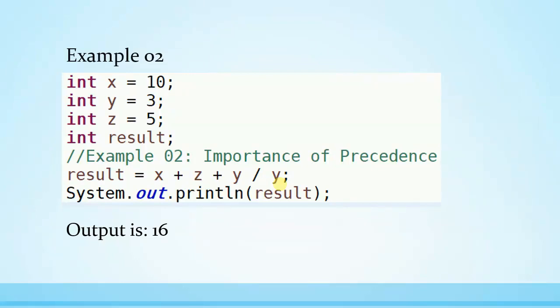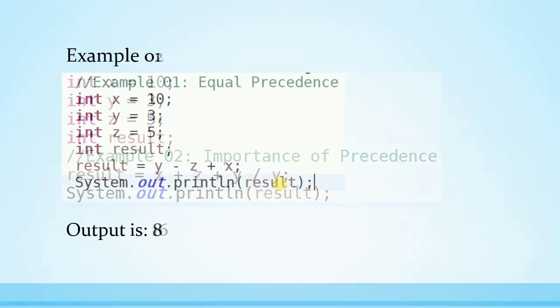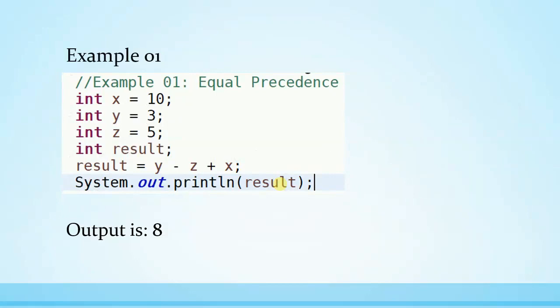So when we look at the precedence in the previous example, since minus and plus is at equal precedence, left to right rule is applied, so that minus is executed first, y minus z, then the combined result is operated on plus and added with x. That's how we get 8.